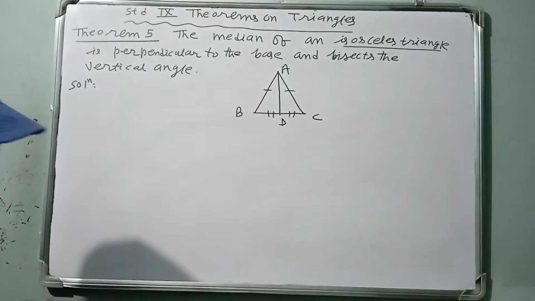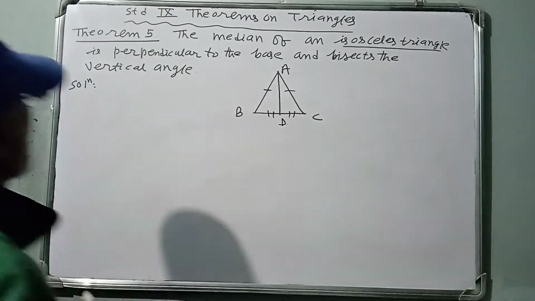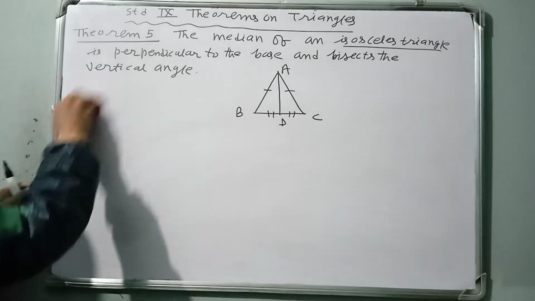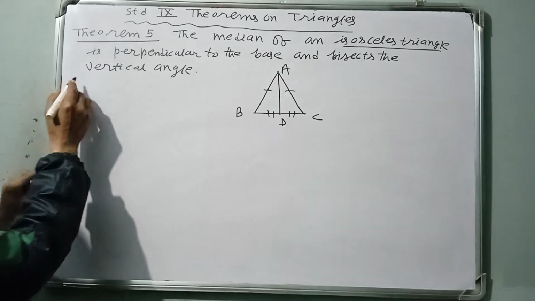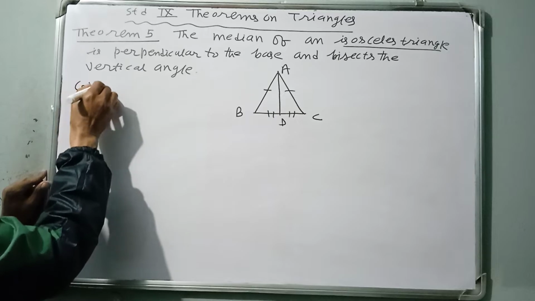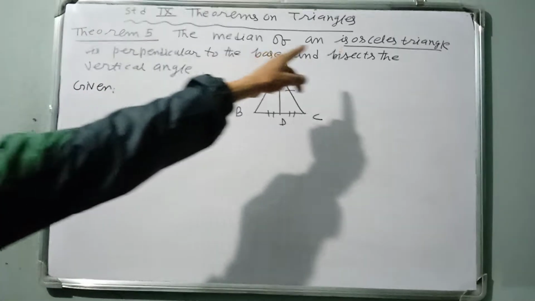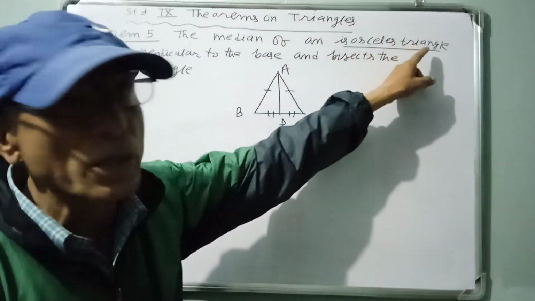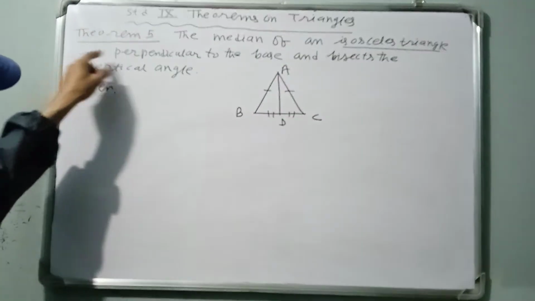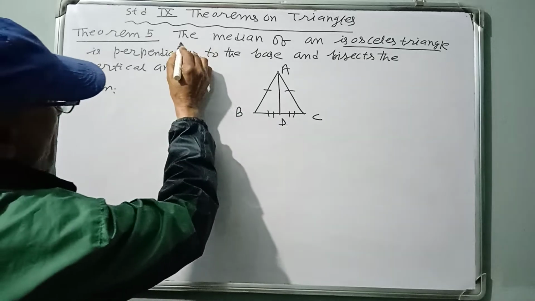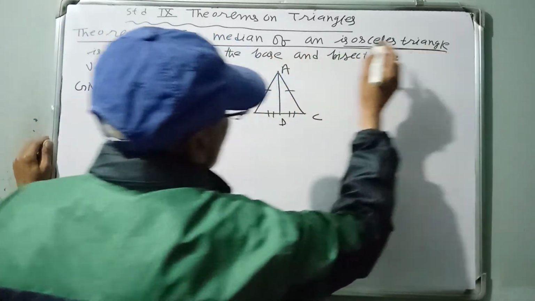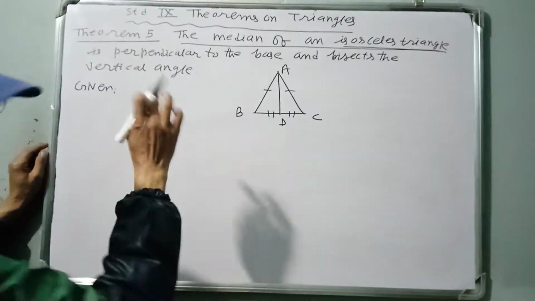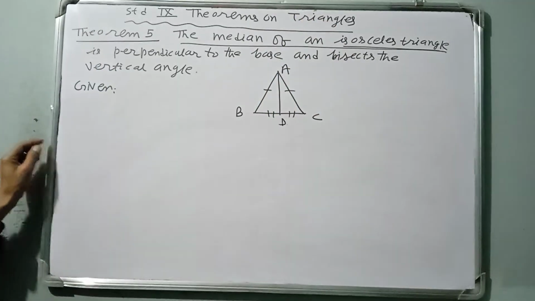The given condition is better to write down instead of solution. What is the given condition? Just see the question. The median of an isosceles triangle is perpendicular. Median given, isosceles triangle given.